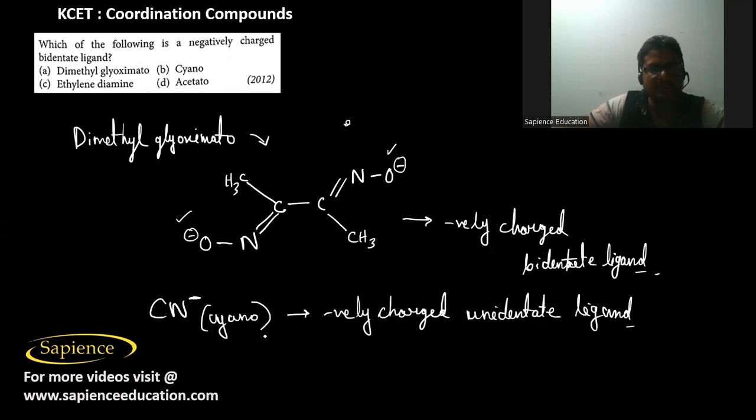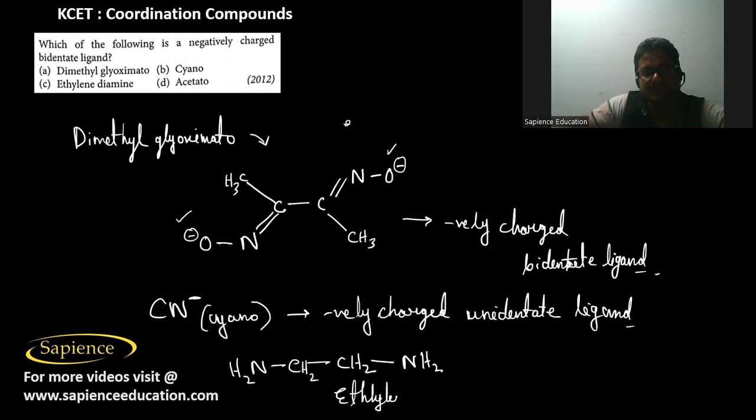And in the case of ethylenediamine, it is CH2, CH2, then NH2, NH2. So it is called ethylenediamine. Here it has two lone pairs on the nitrogen atoms, so it is also a bidentate ligand, since it can link through both nitrogen atoms with the central atom.